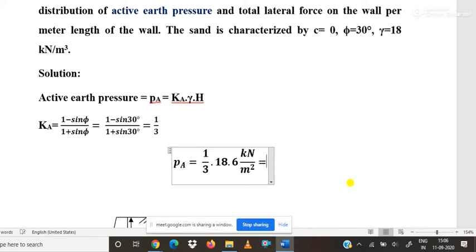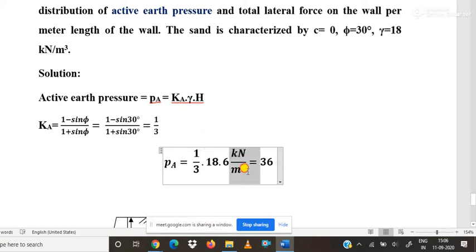And you may calculate the value, which is equal to 36 kilonewton per meter square.